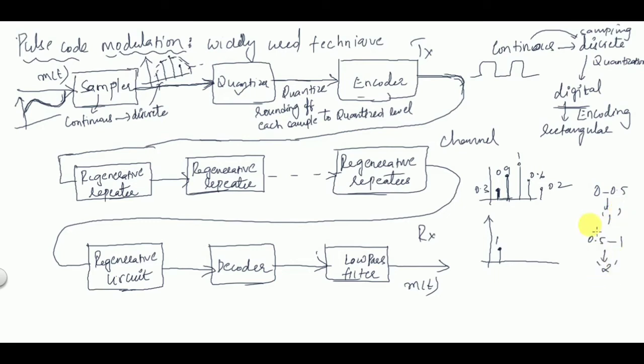Let us think this. We'll discuss how to quantize later. If the amplitude of the sample is between 0 and 0.5, it is rounded off to 1 volt, and 0.5 to 1 is rounded off to 2. So 0.3 is rounded off to 1, 0.9 is rounded off to 2, 1 is also rounded off to 2, 0.6 is also rounded off to 2, and 0.2 is rounded off to 1.